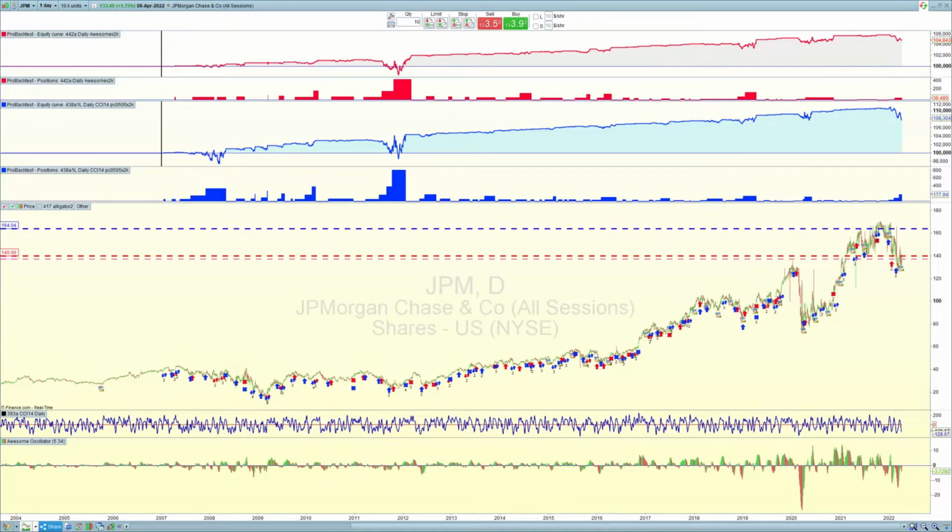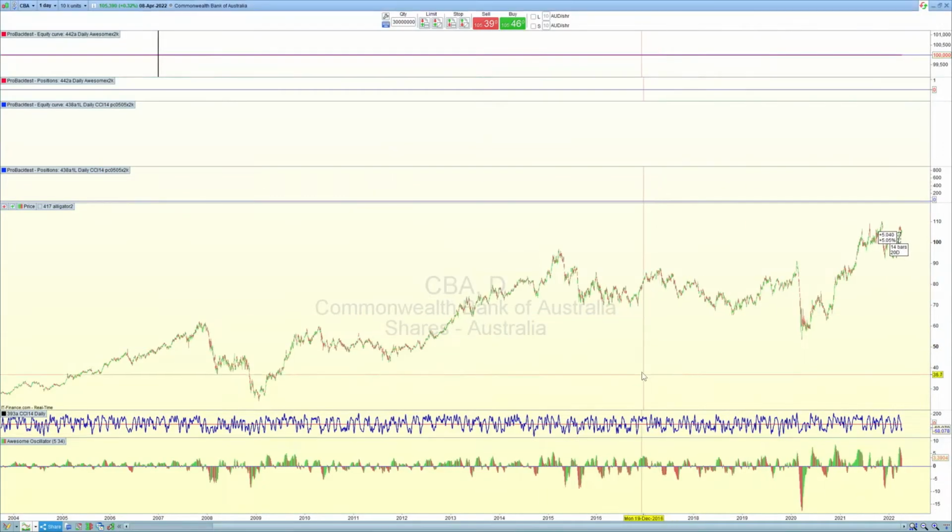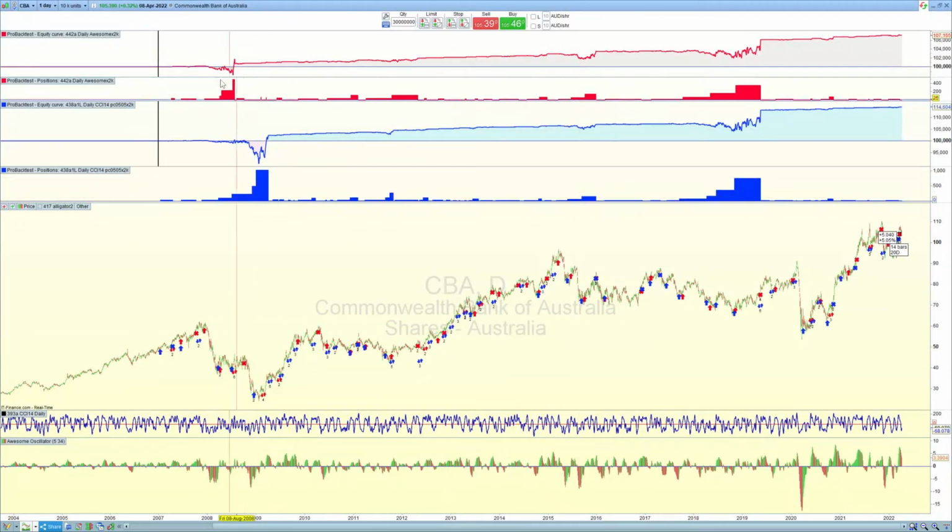Let's quickly look at the Commonwealth Bank. I'm going to go through these fairly quickly. Again, very similar scenarios. You can see here we've entered multiple times in both the CCI14 and also the Awesome Oscillator strategies. The difference being the CCI14 strategy generated 14,604 since 2007, and the Awesome Oscillator has generated 7,155 since 2007.